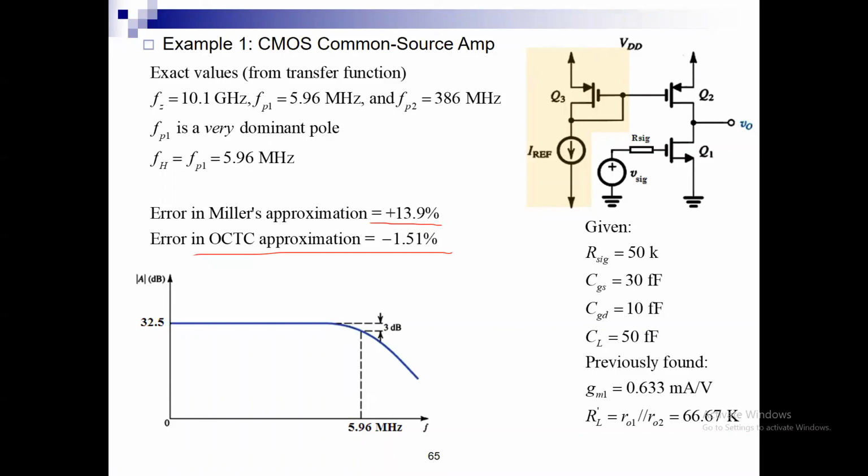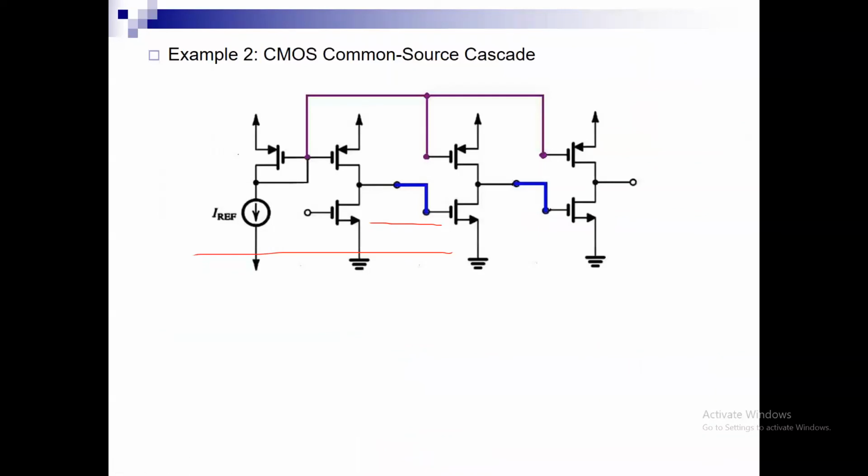Okay, so then let us now jump into this example. If you recall, we had the cascade circuit, and in the cascade circuit we had 3 stages. This is the first one, this is the second one, and this is the third one.